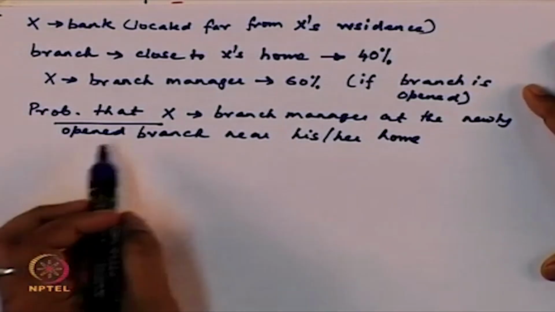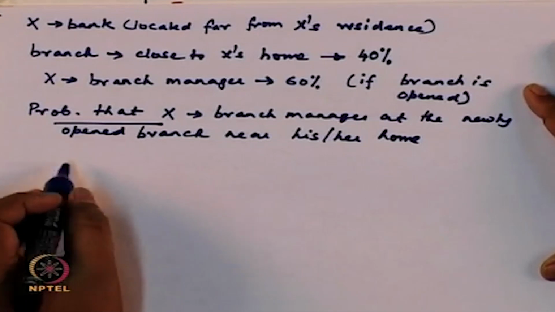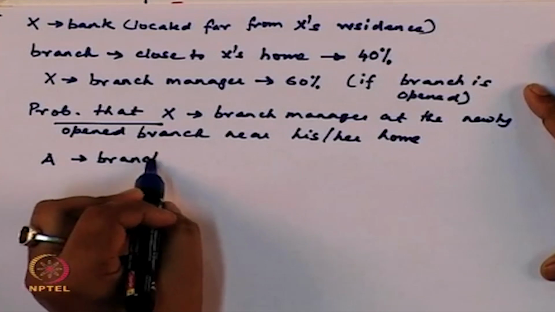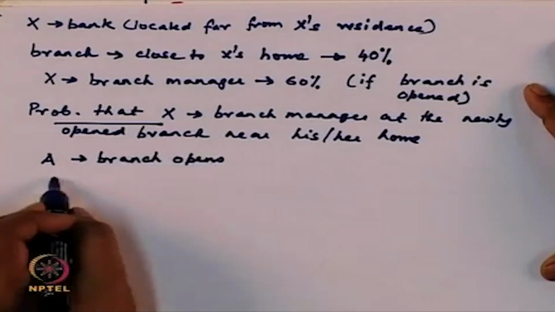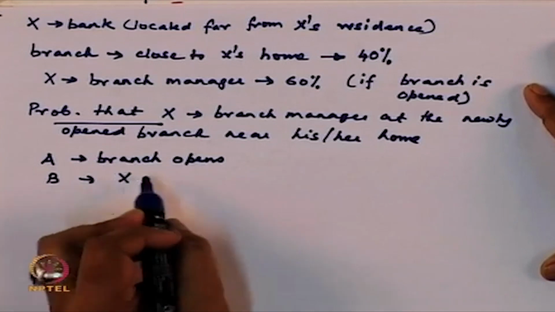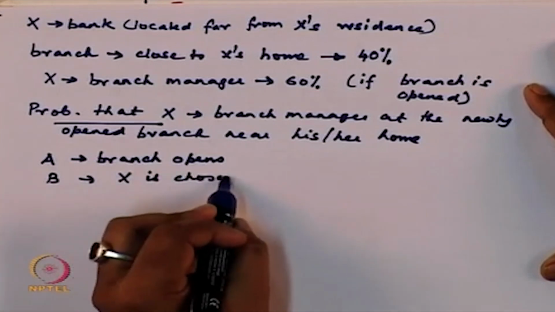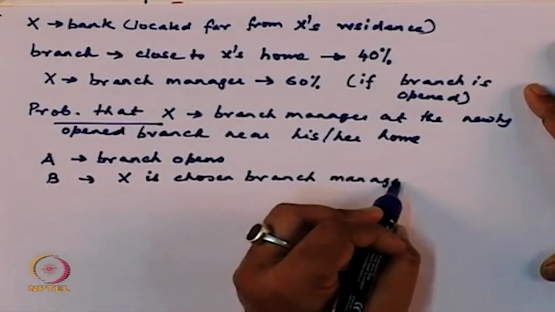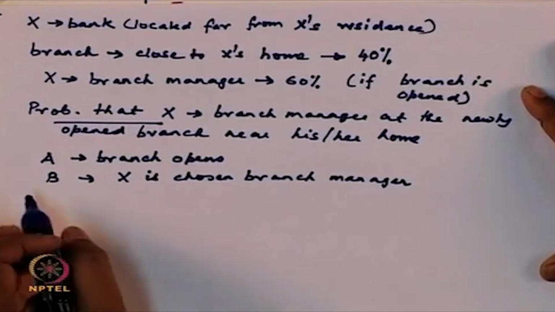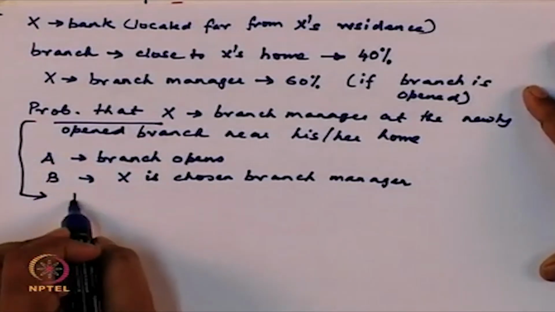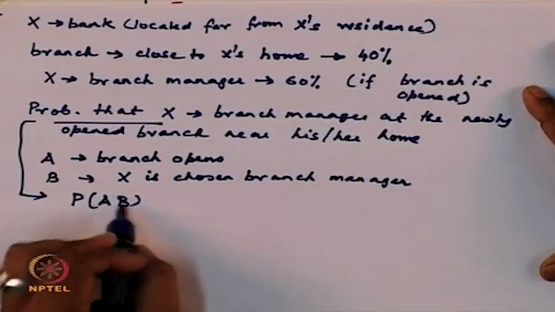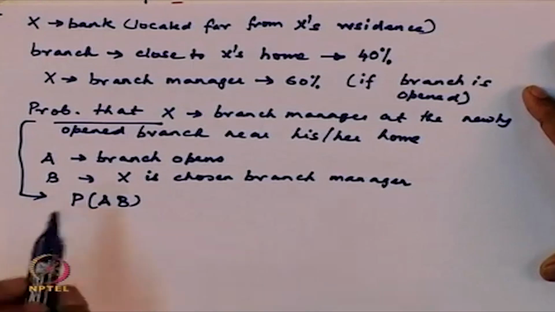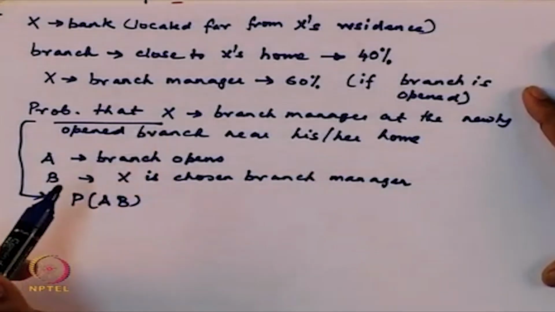Let us define the event A, that the branch opens, and B, that X is chosen branch manager. So, what we have to calculate here is probability of A and B. That X is branch manager at the newly opened branch near his home means that the branch has been opened and he is the manager there.